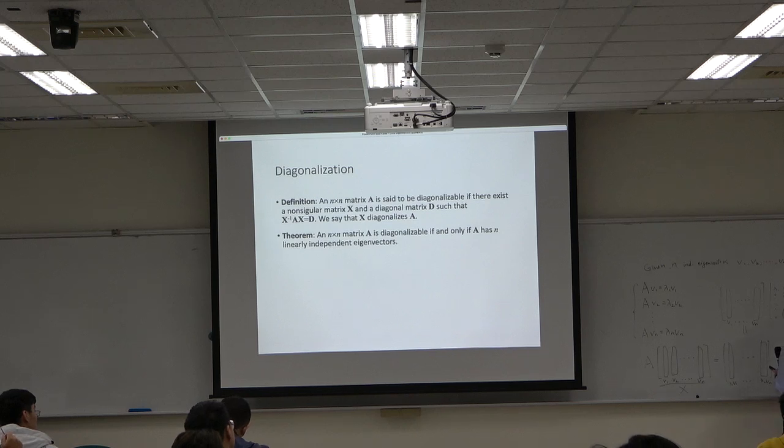These are all 0, these are all 0. And if you multiply this one with this diagonal matrix, we get this, right?